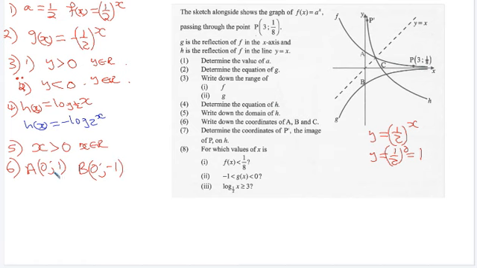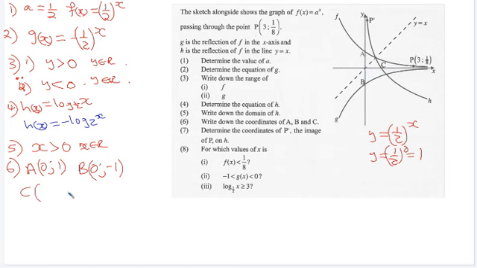We've just changed the sign of the y. Remember, that's what we did here. We just changed the sign of the y to get the equation of g. So we do the same for the coordinates also. So we are saying this coordinate has been reflected in the x-axis to give B. And that B is 0, -1.